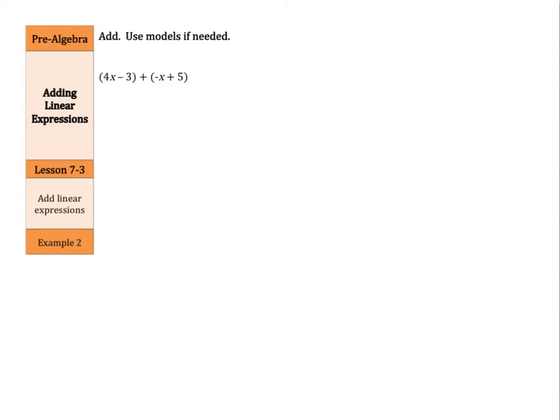In this question I want to show you how to do models, because we have a positive and negative x, and there is something special we can do with those. We have 4x minus 3 plus negative x plus 5. Let's draw our models like we did in our first example. We're going to have 4 x's. Then minus 3, which we'll draw in green: minus 1, minus 1, and minus 1.